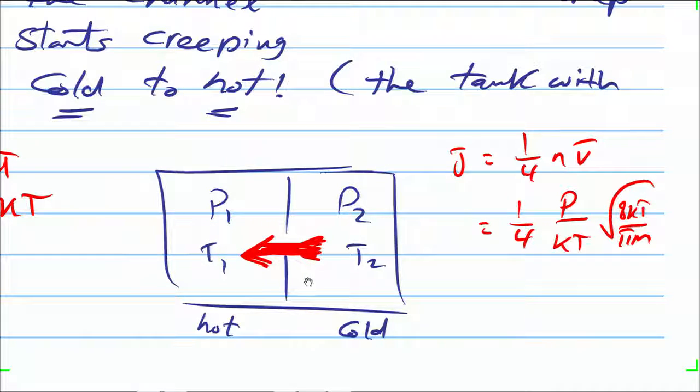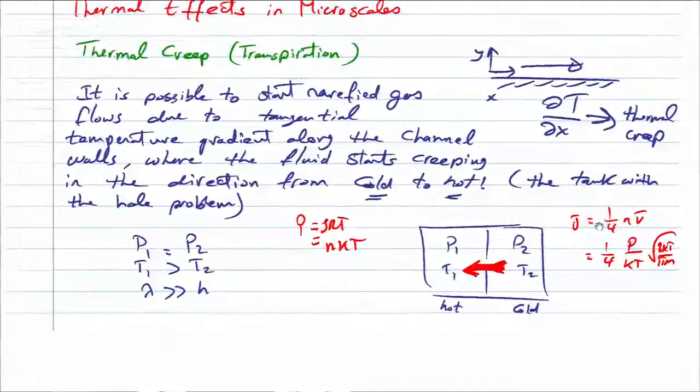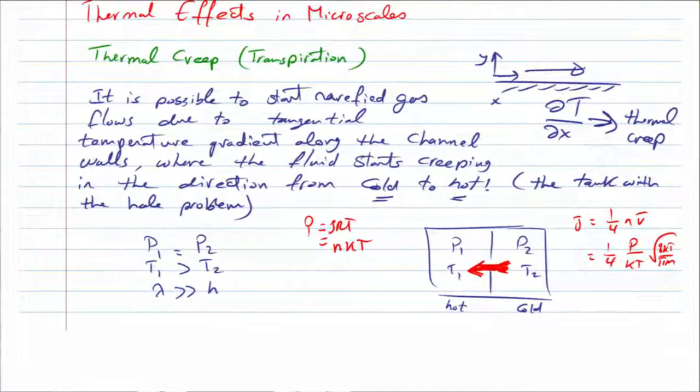All right. So people actually can make compressors called Knudsen compressors by temperature gradient. Of course, for this to work, you cannot have collisions. Things need to go through each other, right? So it has to be a tiny channel.